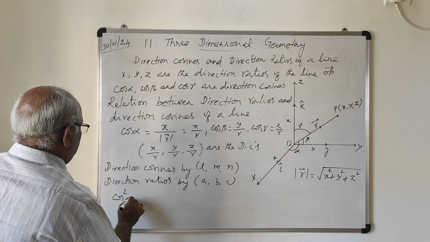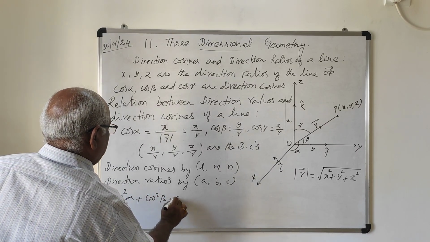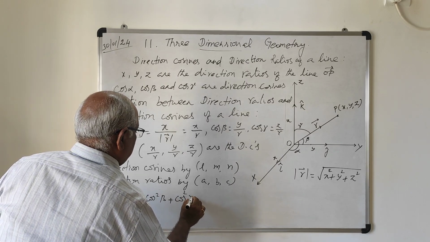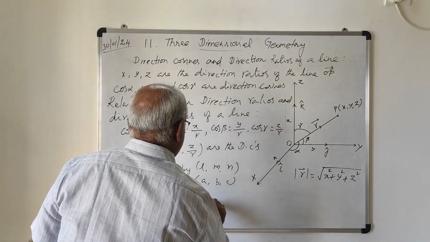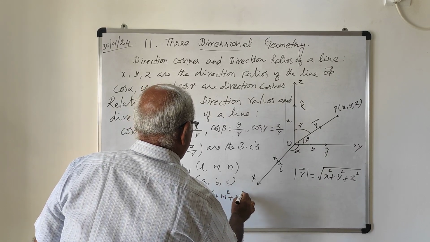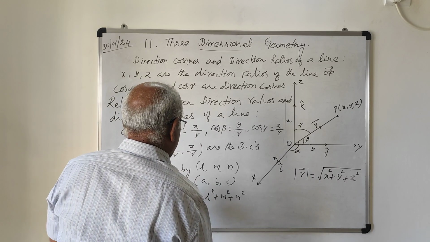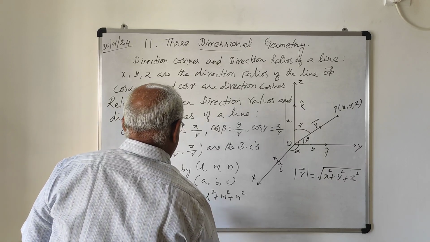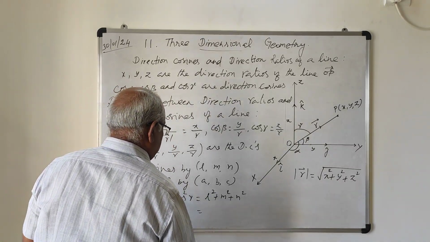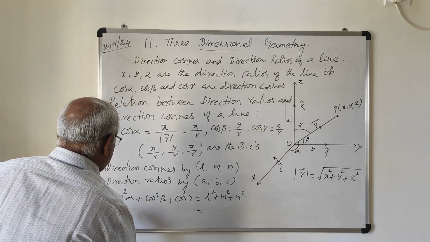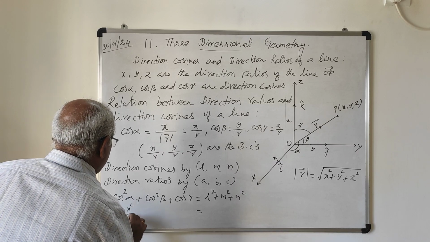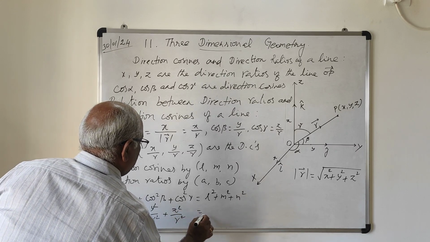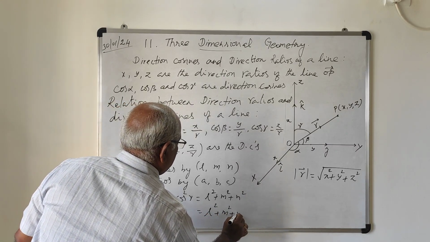Cos square alpha plus cos square beta plus cos square gamma is equal to L square plus M square plus N square, because cos alpha is L, cos beta is M. And cos alpha is x by r, so this is x square by r square plus y square by r square plus z square by r square, equal to L square plus M square plus N square.